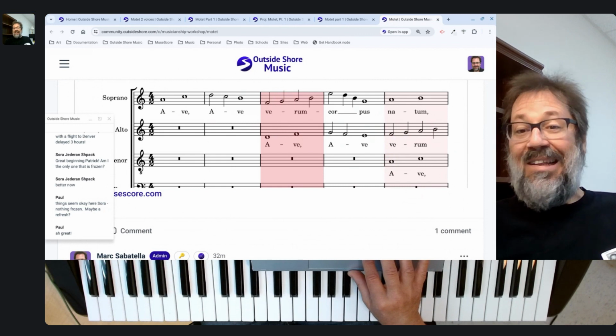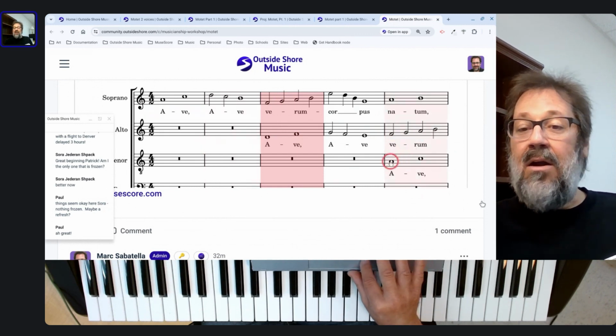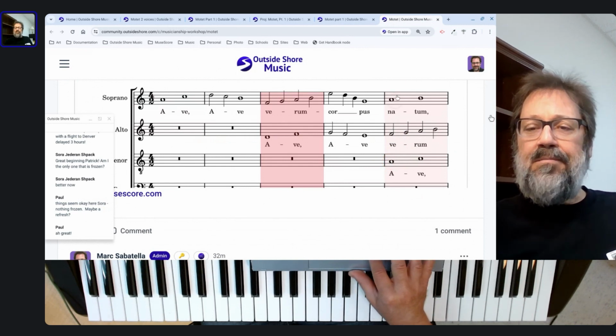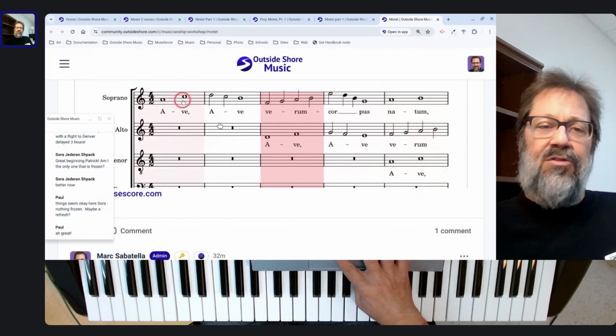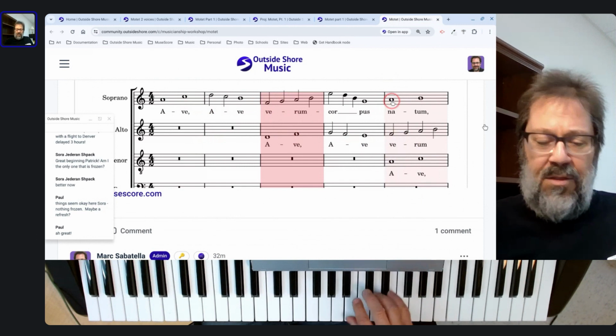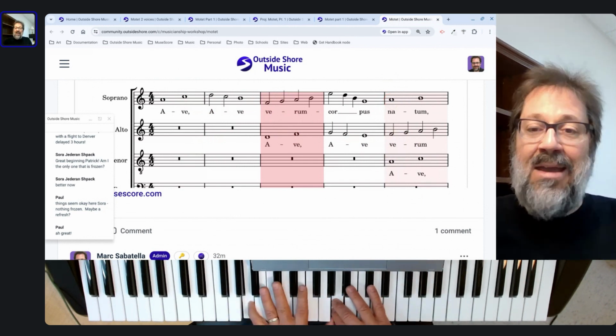So let's think about this and think, is there a reason for that? Well, he brings in the tenor on the A. Oh yeah, this is brilliant, Graham. He brought in the tenor on the A, so it's echoing what the tenor did, and now the soprano and the tenor both have an A.